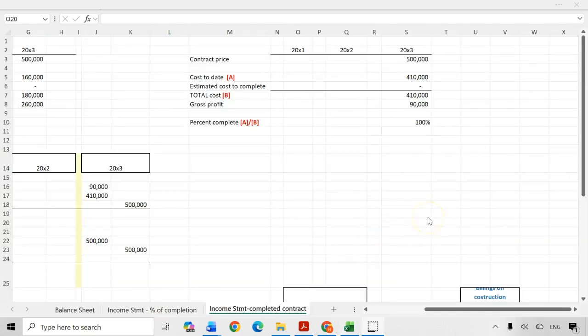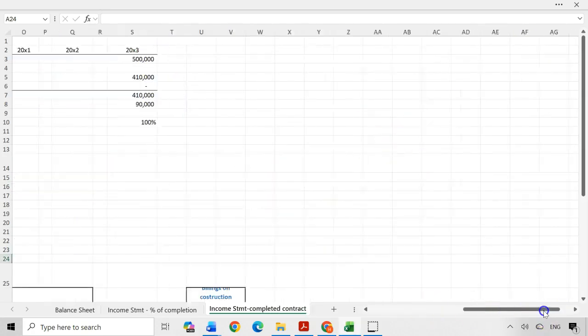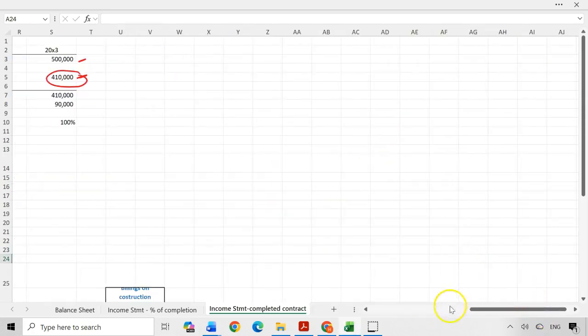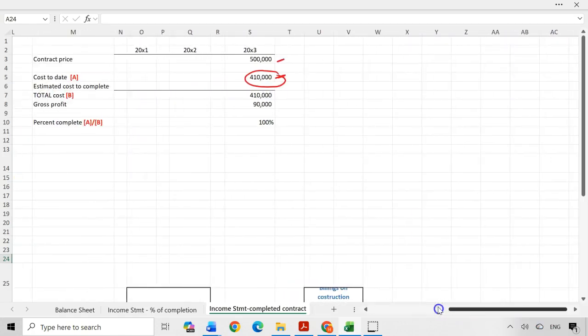Now let's go through the income statement side for the completed contract, which is a lot simpler. So we have to recognize the full $500,000 in the year that the contract ends, and we're going to recognize the $410,000 of costs that we've incurred to date on the income statement.